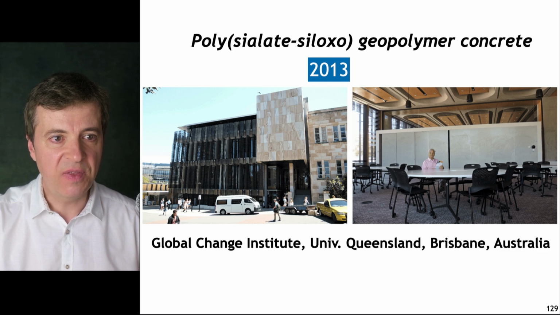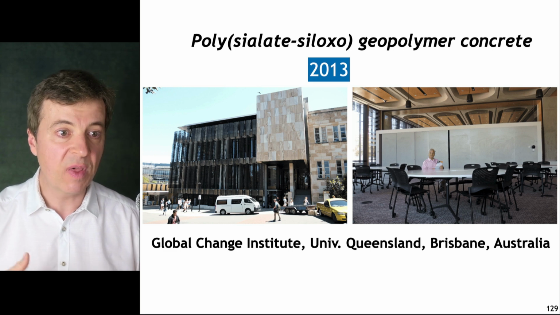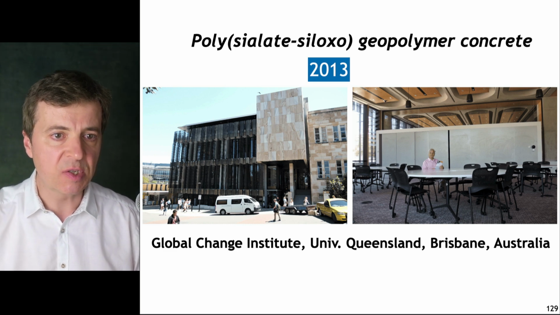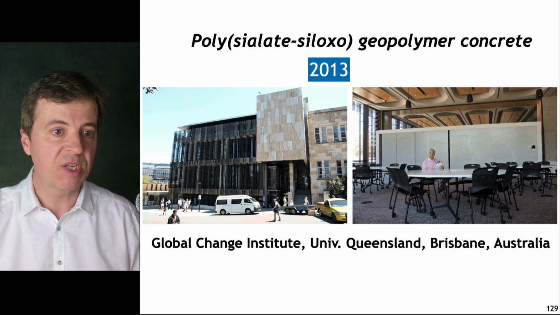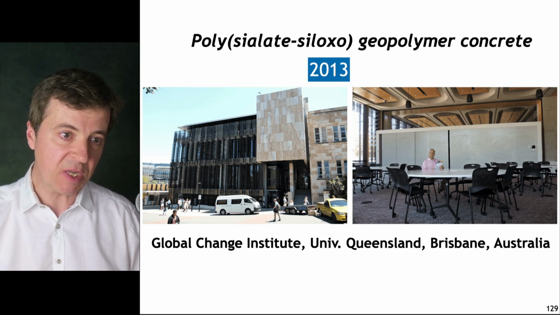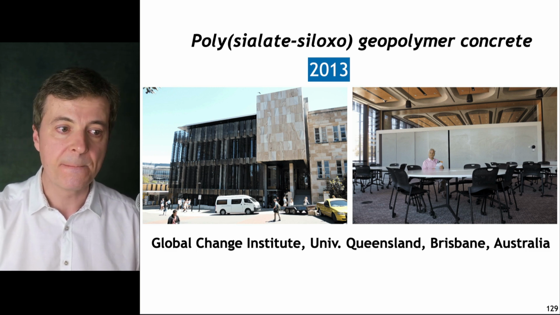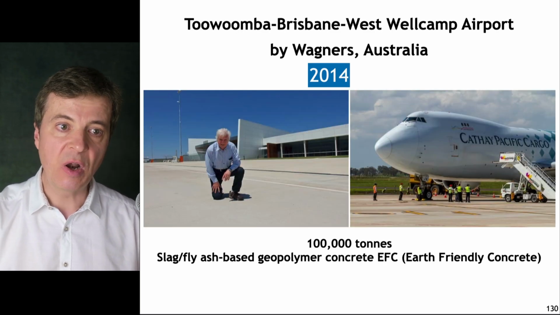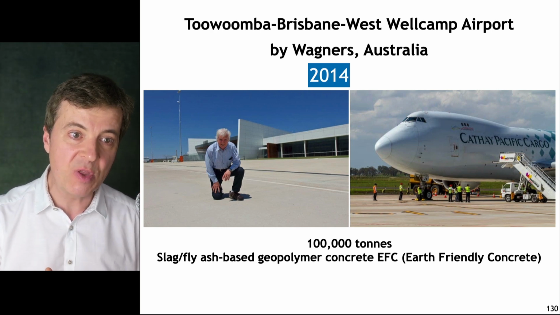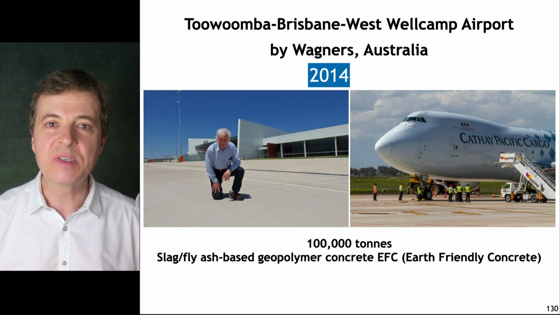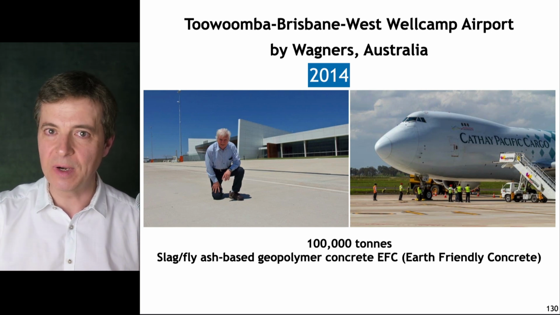It is with this technology, the polymer chemistry applied with proper knowledge, that gives customers the confidence to invest in a major project, such as this first public building using geopolymer cement at Brisbane, Australia. This was followed by the construction of an entirely new airport, including the terminal building and taxiways, using 100,000 tons of geopolymer concrete in Australia.